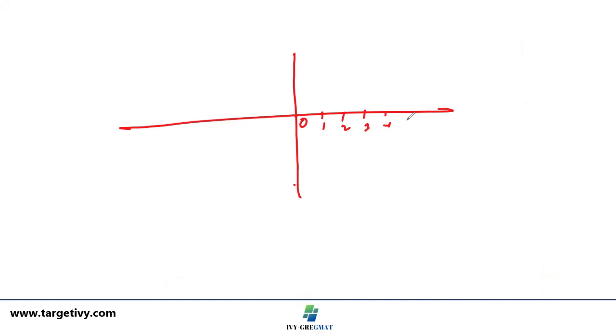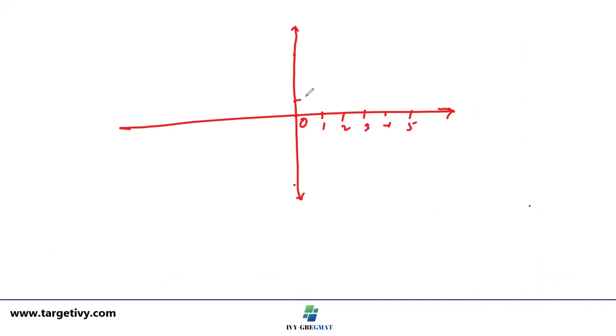Say we have an x-axis and a y-axis. We have got a 0 here, followed by 1, 2, 3, 4, 5, etc. And the ones on the top are positive.